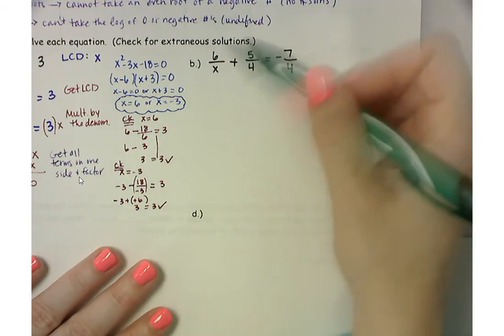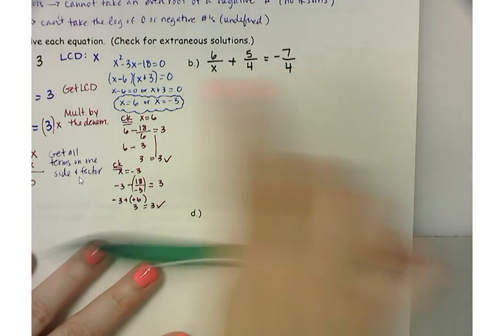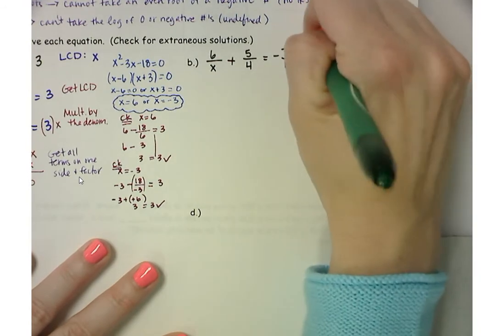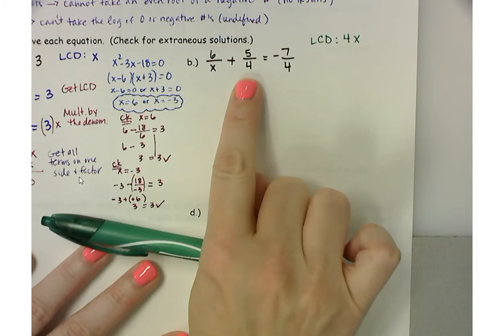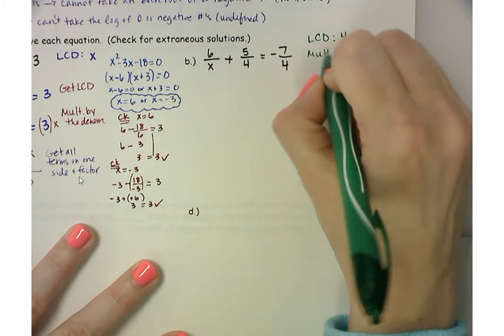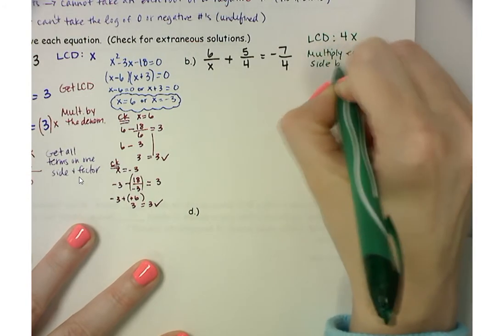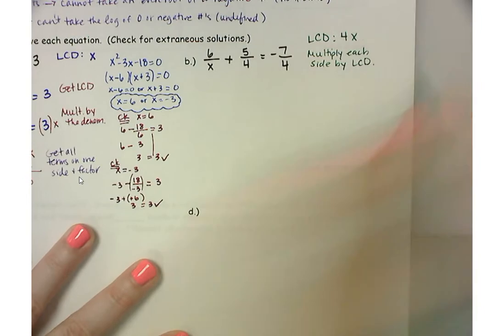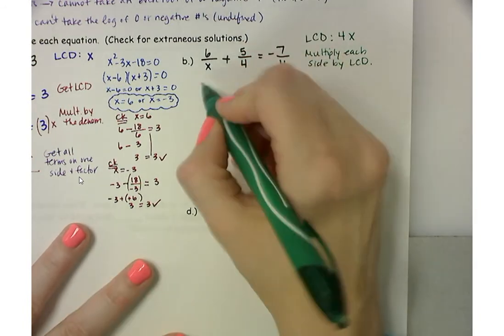What you can do is multiply each side by the LCD, and that's going to get rid of all of your fractions. Now, when you multiply each side by that, this is 6 over x plus 5 over 4 times 4x, negative 7 over 4 times 4x.